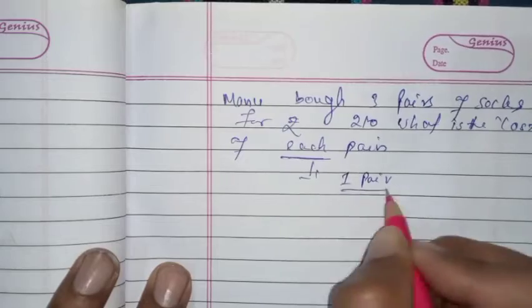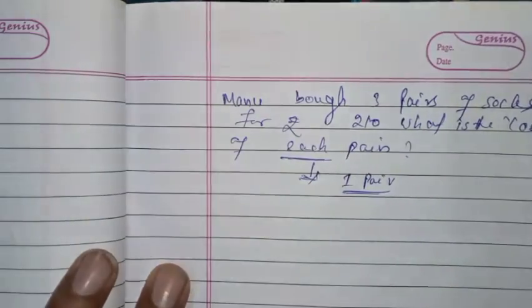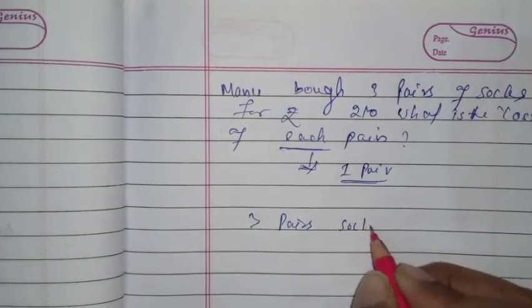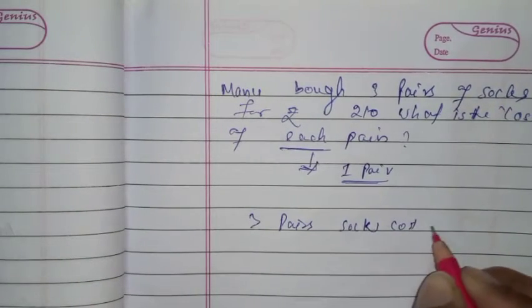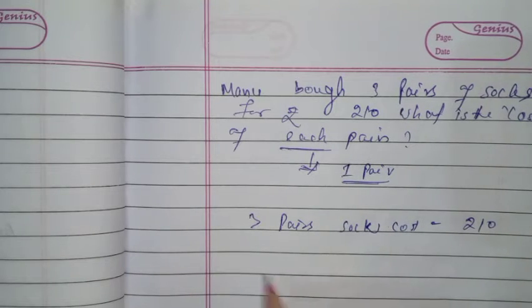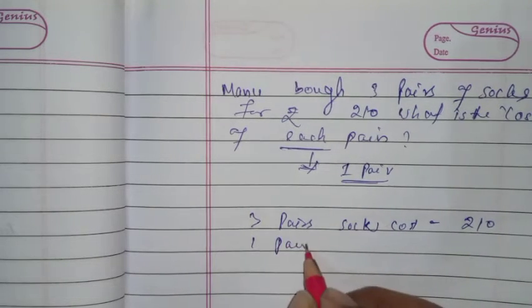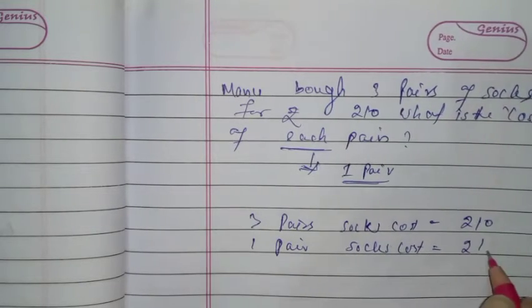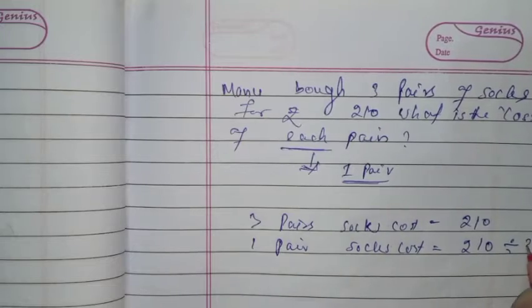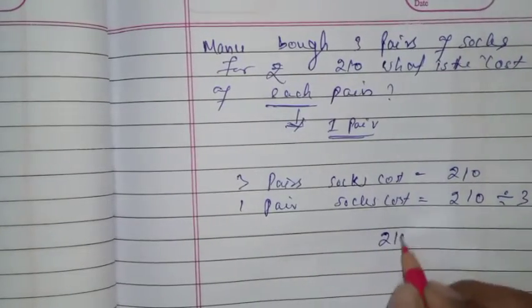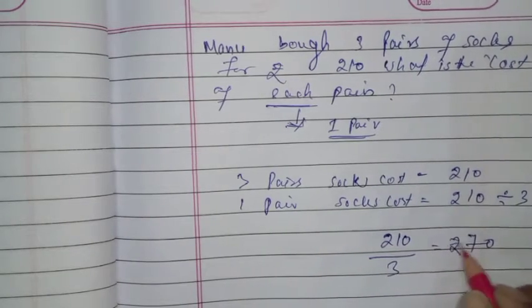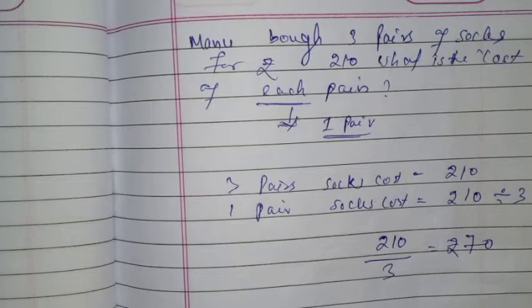So what do you have to do? 3 pairs of socks cost 210. Now the cost of one pair of socks is 210 divided by 3. Solving it, it becomes rupees 70. So one pair costs 70.